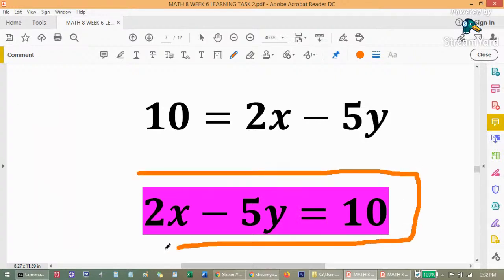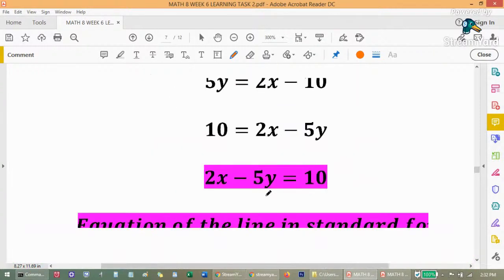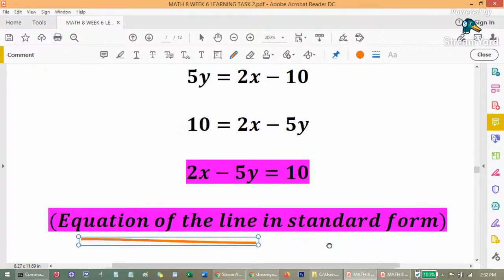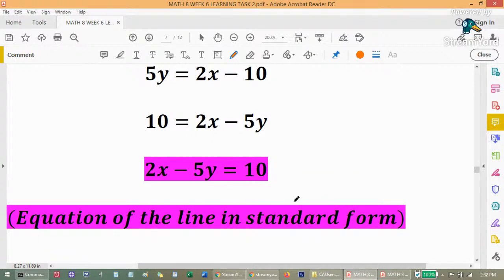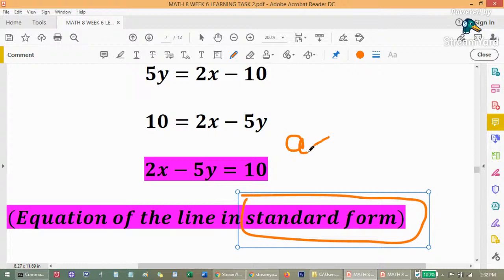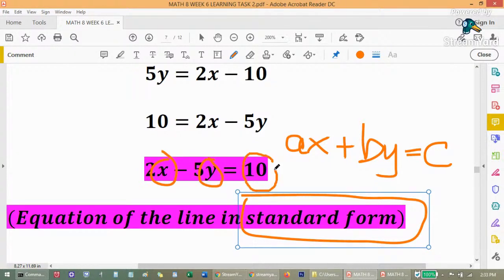This is the equation of the line in standard form. Pag sinabing standard form, ax plus by is equals to c. Ito yung x natin, ito yung y natin, ito yung c natin.